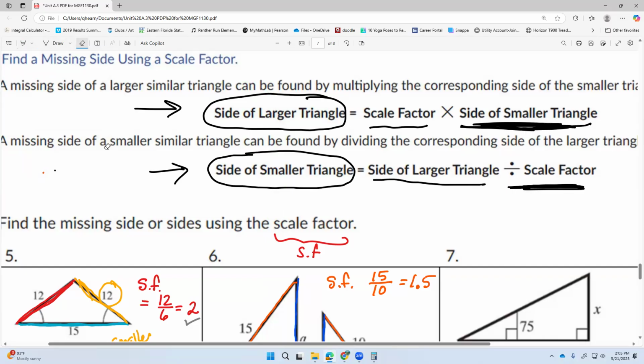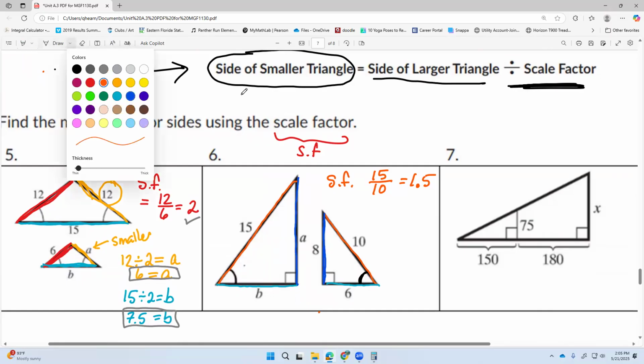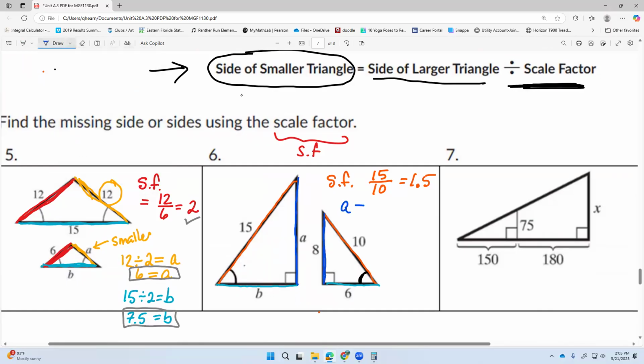You have to get bigger to see what the larger triangle side is. So if we're going to find A, for example, we have to take our scale factor, 1.5, and multiply it by 8, the length of the corresponding side in the smaller triangle. 1.5 times 8 is 12, so A is 12.